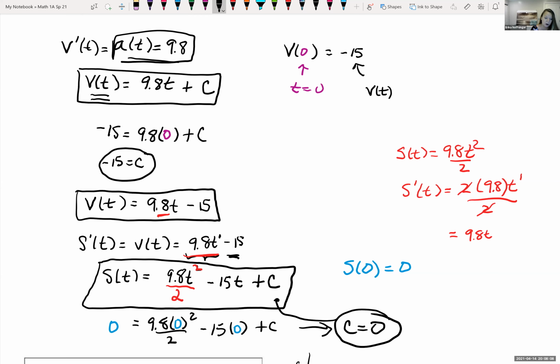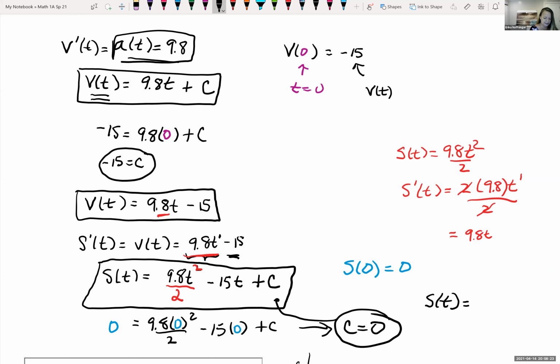And so we figured out what our position function would have to be given the acceleration function and the initial value for velocity and the initial value for our position.